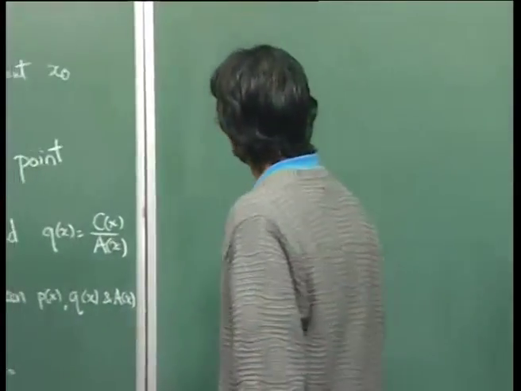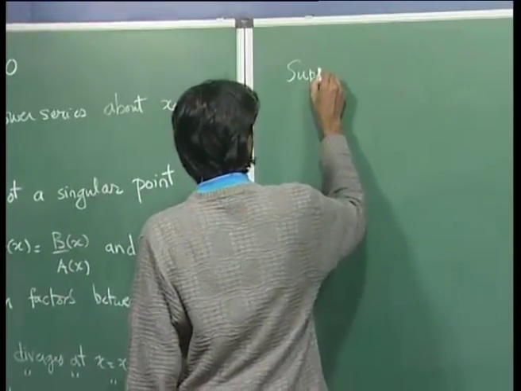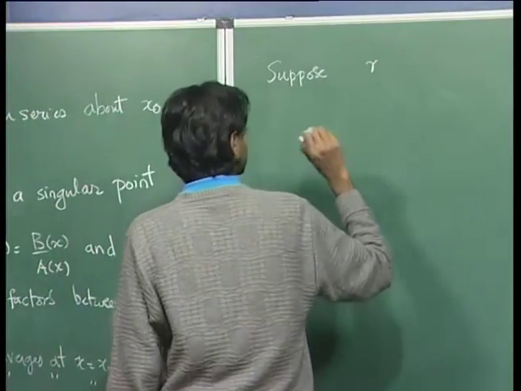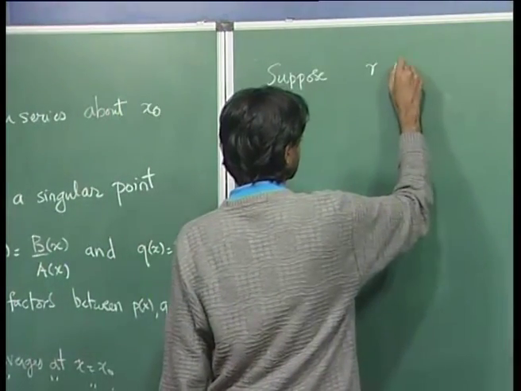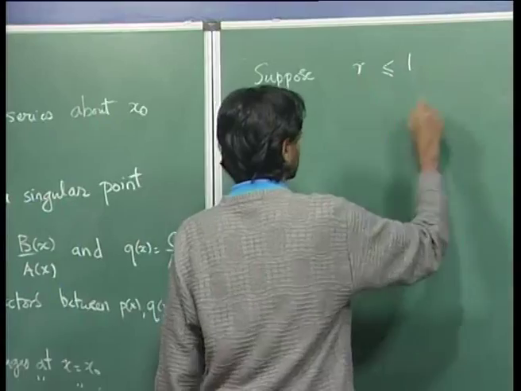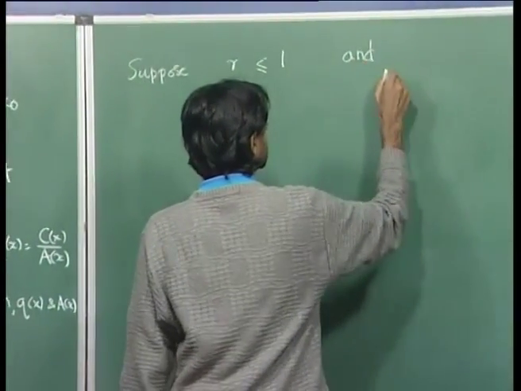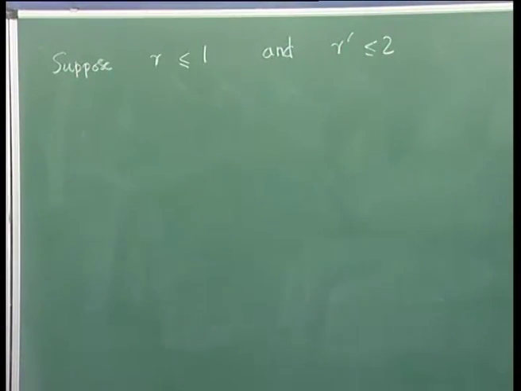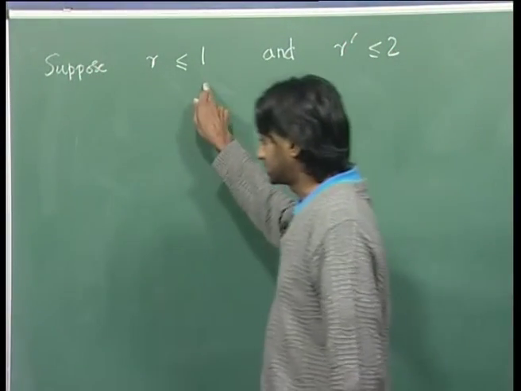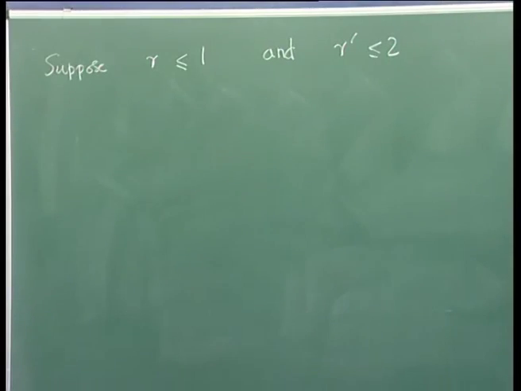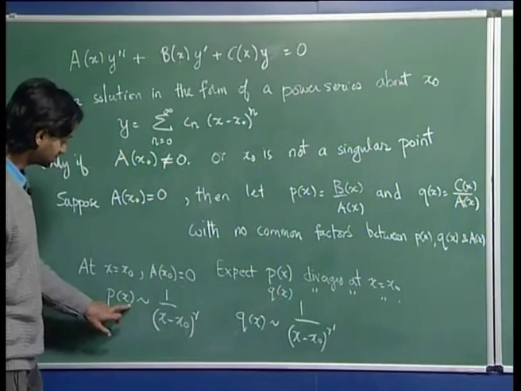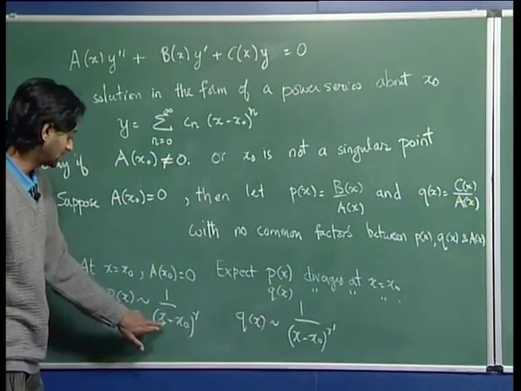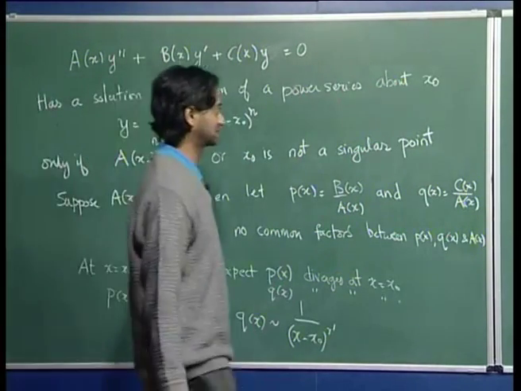So, now suppose r is less than or equal to 1 and r prime less than or equal to 2. Okay. So, the divergence of p of x is slower than or equal to 1 over x minus x 0.